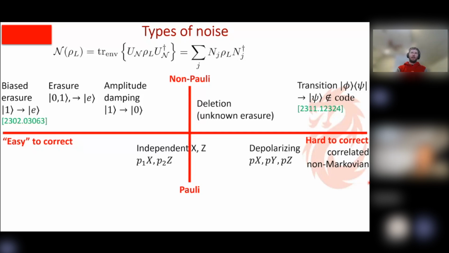But this is something that you really have to study if you're building a device, because this can happen. Your chips may have these kinds of errors. If you're correlated in time, you're called non-Markovian, and that also can happen. An example of correlated noise is a burst error, like a cosmic ray. It's correlated across your whole chip, and it just blasts your chip and kills everything.